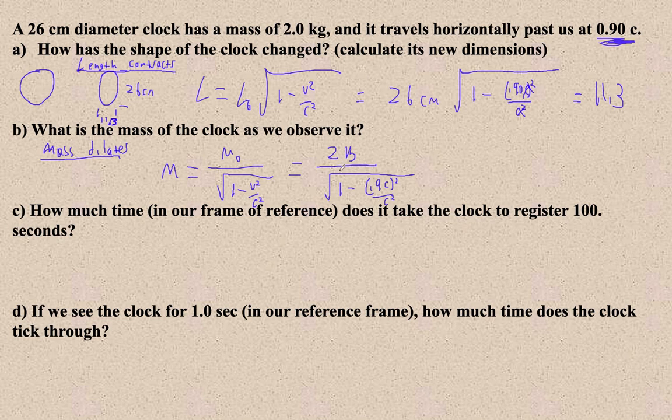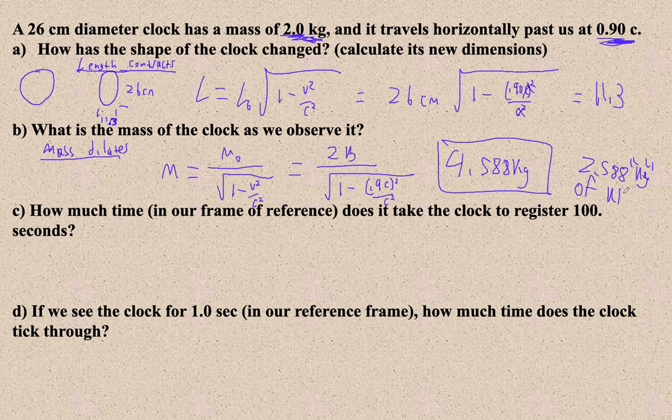So it's going to be 2 divided by the square root of 1 minus 0.9 squared, and I get 4.588. Its rest mass is 2 kilograms, so that means that it has 2.588 kilograms of kinetic energy.